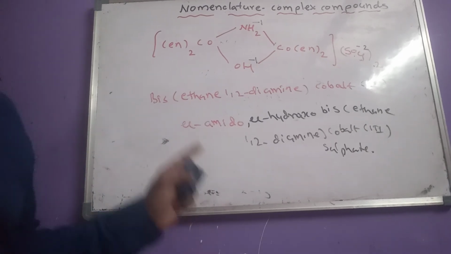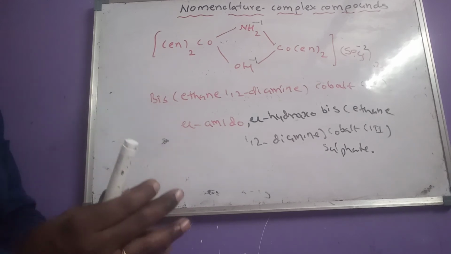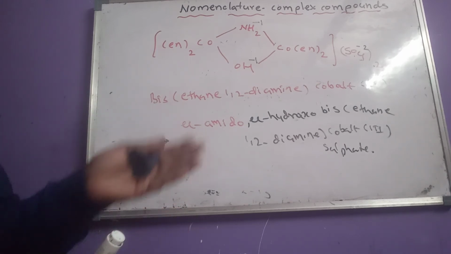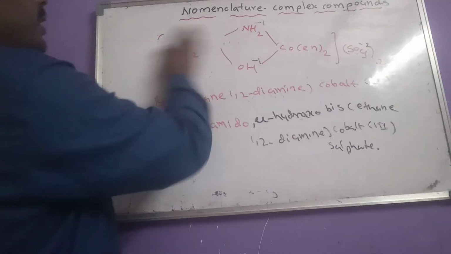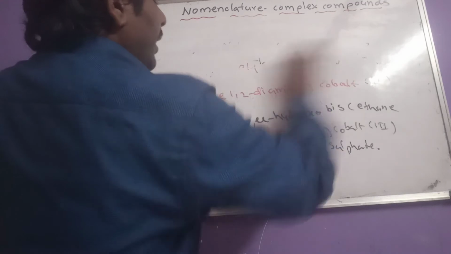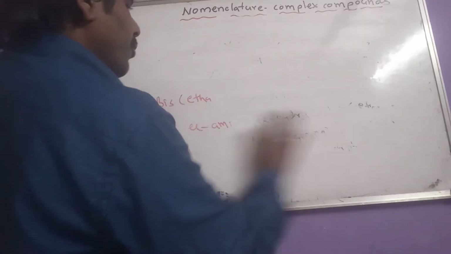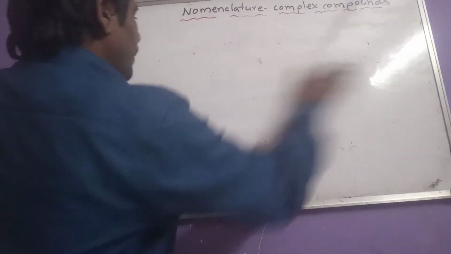And finally, one thing is there: sometimes the same component is present as a bridge ligand and also as a terminal ligand. Let us see here, an iron complex compound.